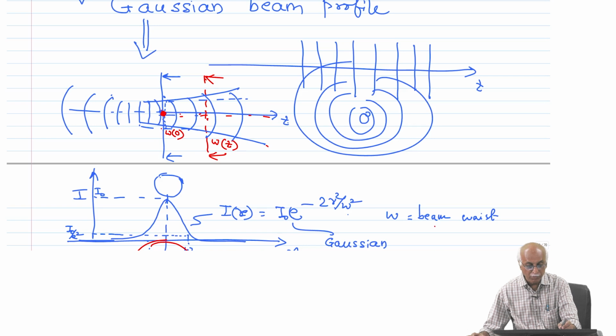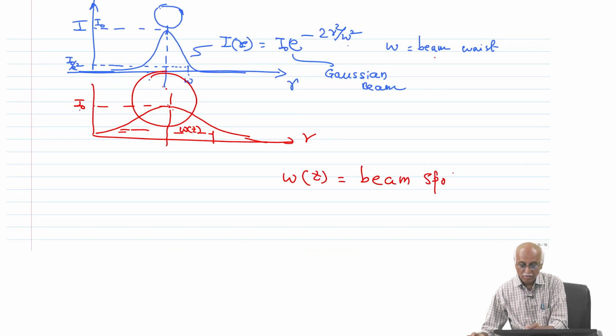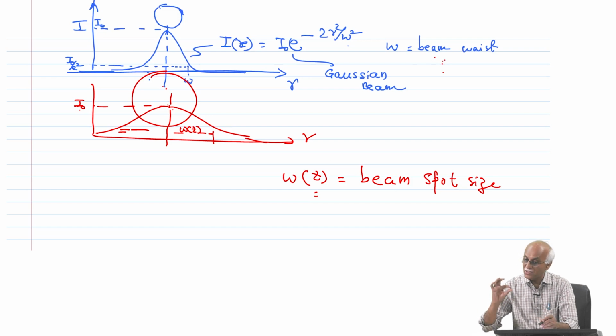At any other positions where we observe this width, they are known as beam spot size. So, W(z) is the beam spot size; at z equal to 0, the beam spot size is nothing but the beam waist, the smallest possible radial dimension, while at any other position it is known as beam spot size.